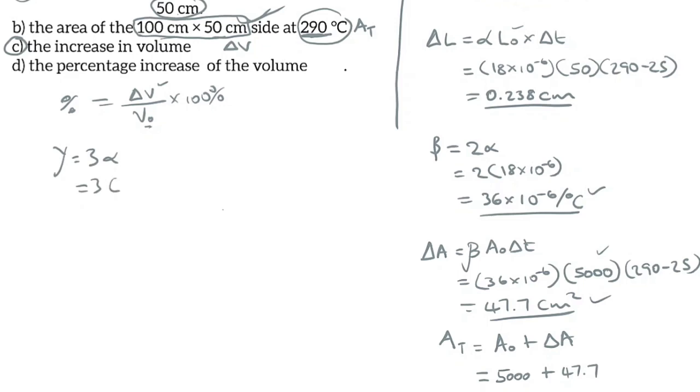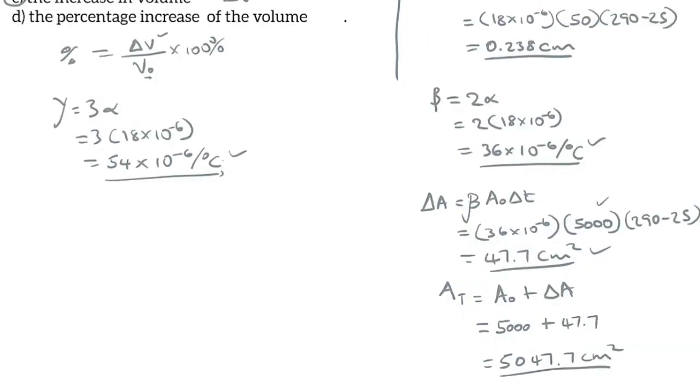Then you put the coefficient of linear expansion, 18 times 10 to exponent negative 6. Then this is going to give the coefficient of volume expansion to be 54 times 10 to negative 6 per degree Celsius.